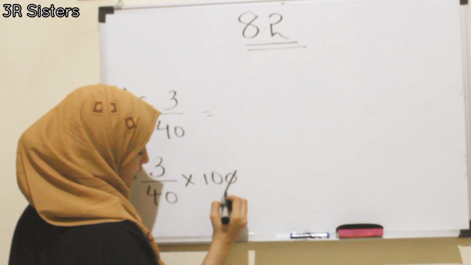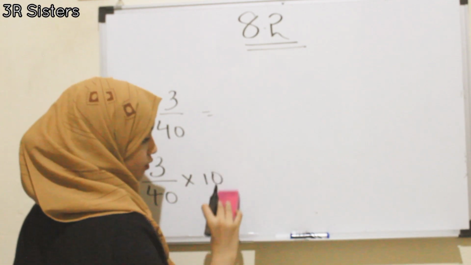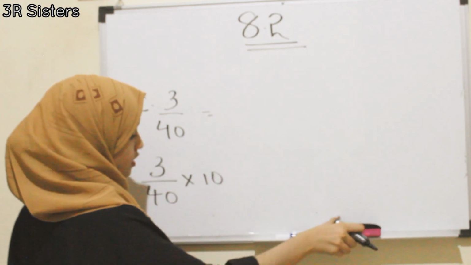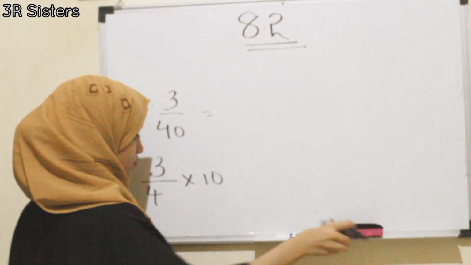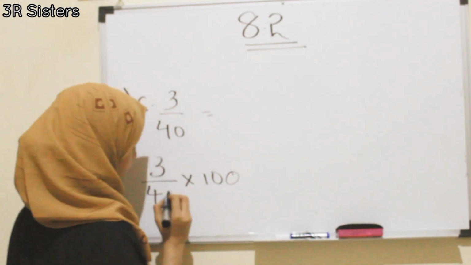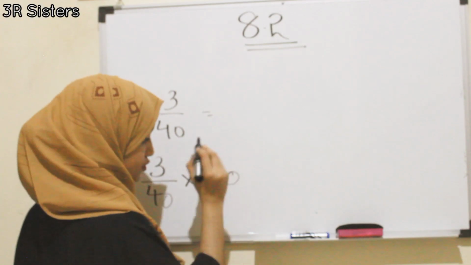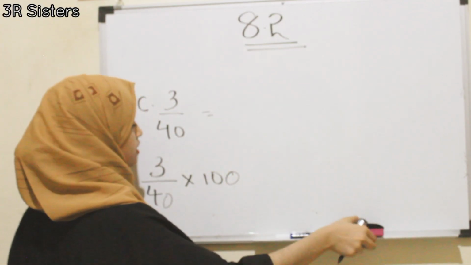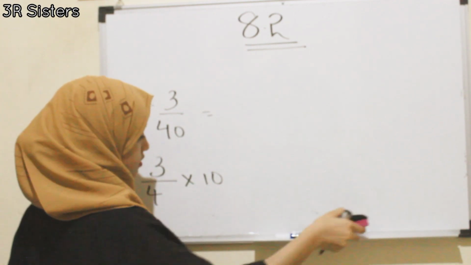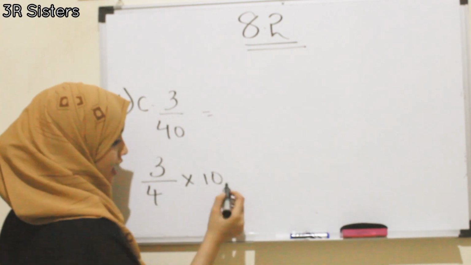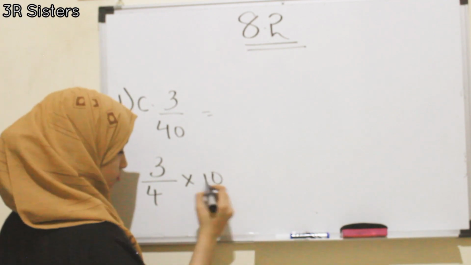Into 100, we cut this 0 away and this 0 also, because 40 comes in the table of 2, but 3 doesn't come in the table of 2, so we'll just cut this and this. Now we got 4 and 10.